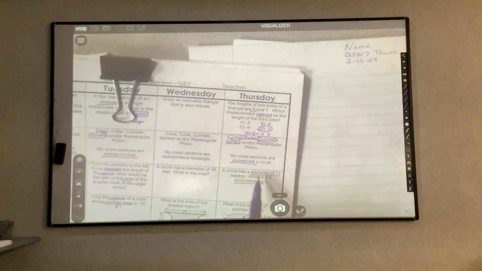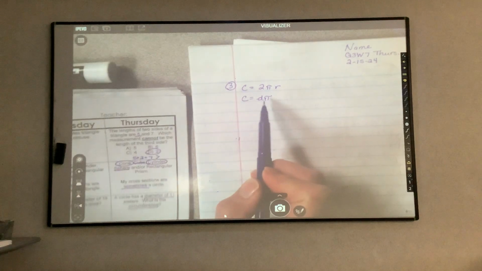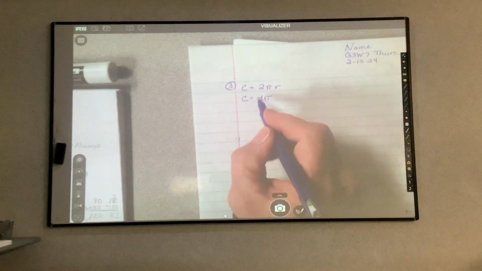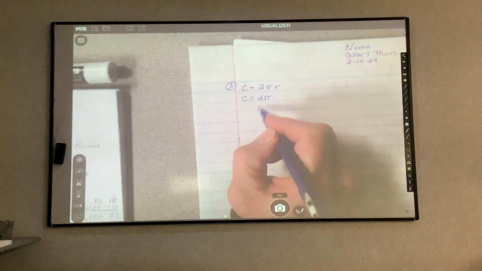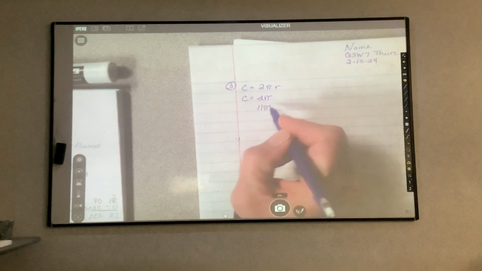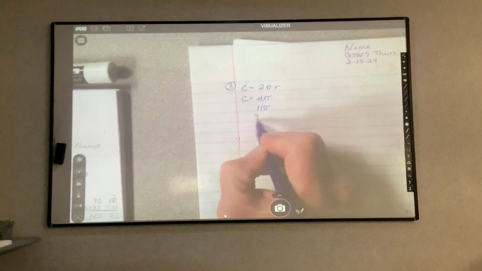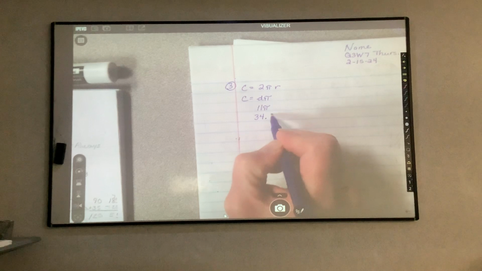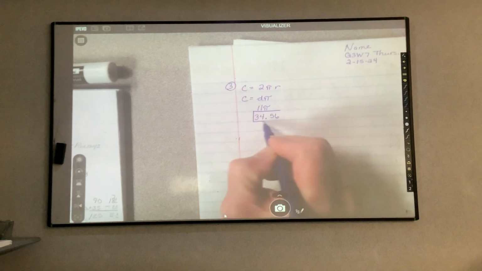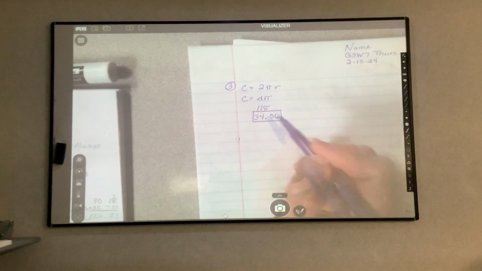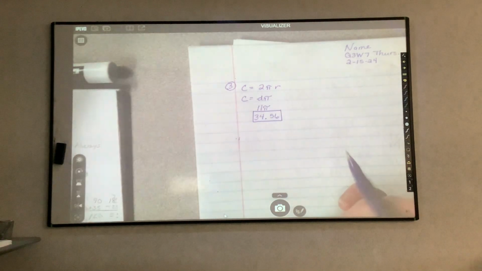Well, we know the diameter, so I'm going to use the second formula. And so that would be just 11 times pi. You poke that in your calculator, and you get 34.56. Do not use 3.14 for pi. Always use the calculator, because that's what you're going to get on the iLearn.